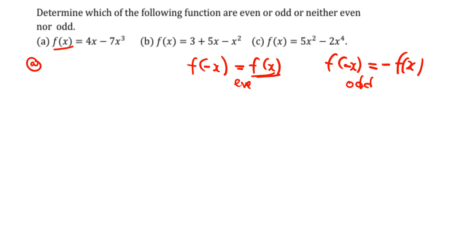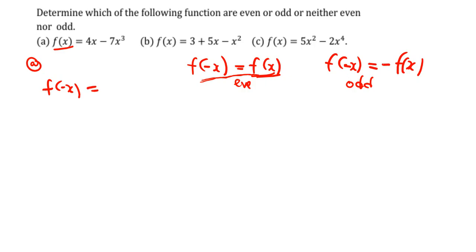So what we do is we say, okay, when we insert f of negative x there, we should get the same f of x. So let us see if this will be true. So the first thing that we do is we insert f of negative x, wherever there's x we'll put negative x, that's the meaning.